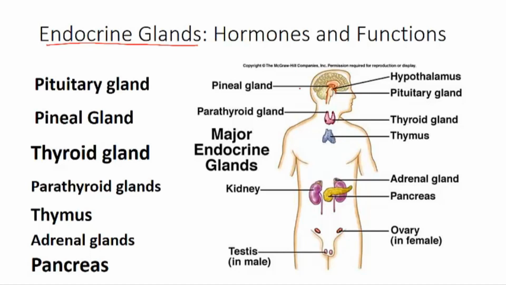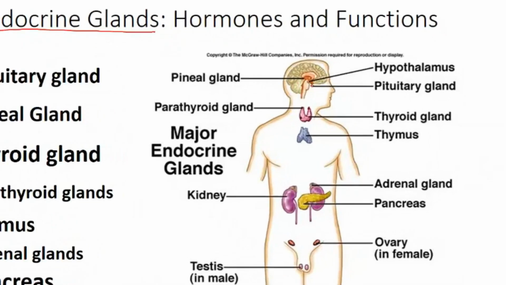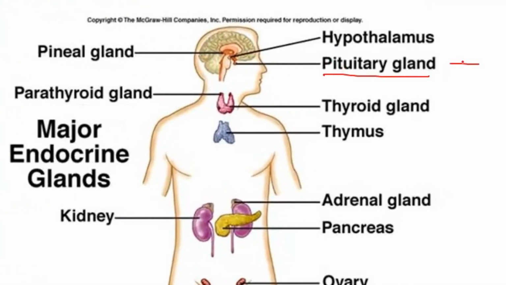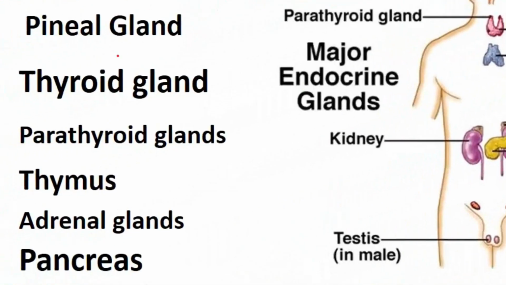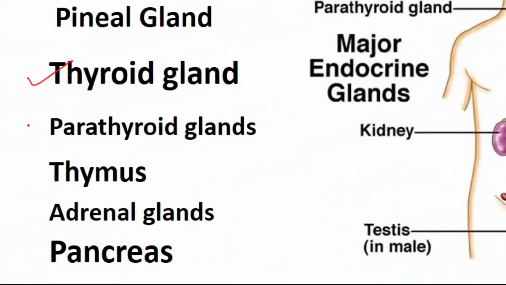For example, near the brain there are three different structures: the pituitary, which is known as the master gland and is one of the most important glands; the pineal gland; and a part of the brain, the hypothalamus. All these together play a vital role in controlling the rest of the endocrine glands present in our body. Among those glands we have the thyroid gland, parathyroid gland, thymus, adrenal glands, pancreas, and many more.